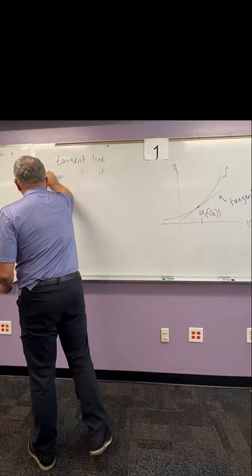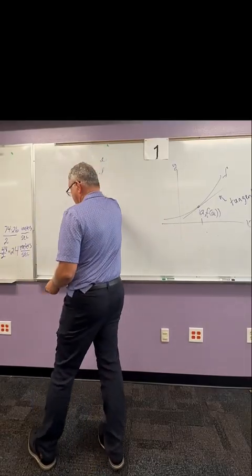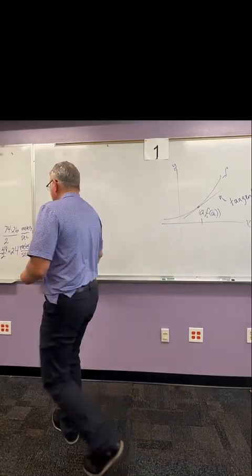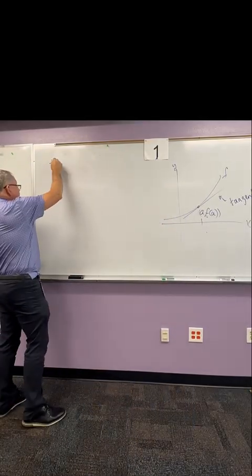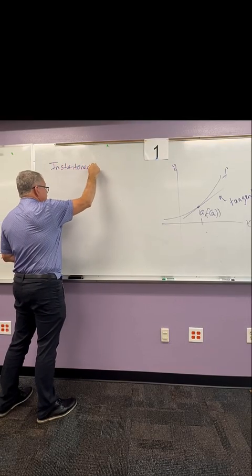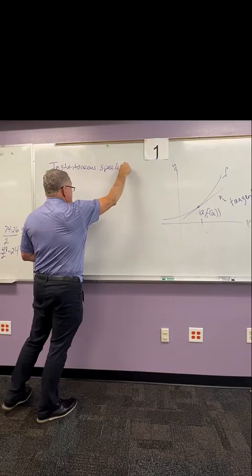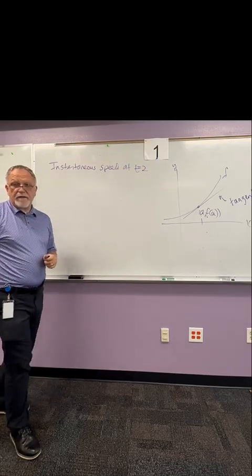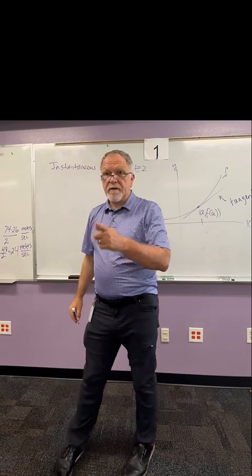What's the next thing we're asked to do? Instantaneous speed at t equals 2. So now we need instantaneous speed at t equal 2. How do I figure that out? Nice and loud, Carson.